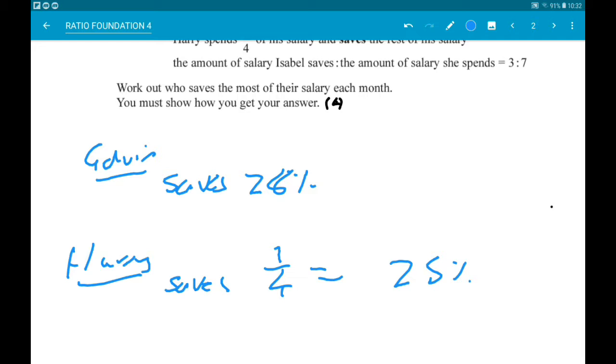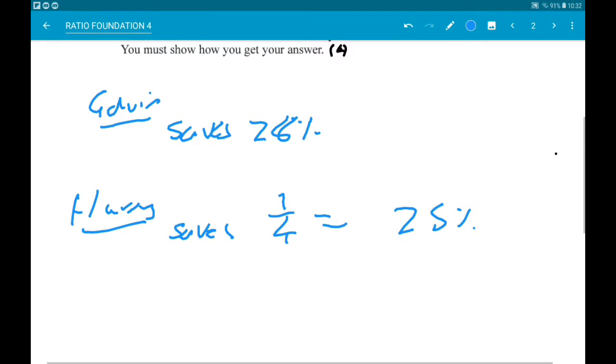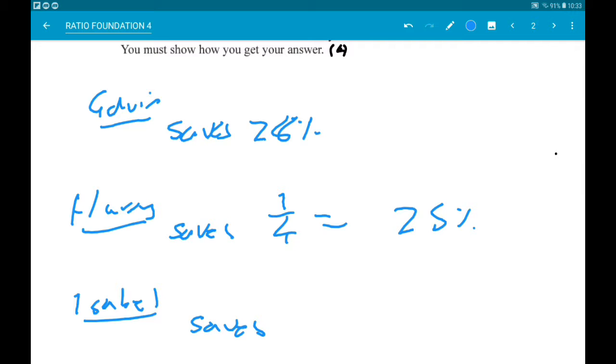Okay, then for Isabel, the amount of salary she saves to the amount she spends is 3 to 7. So, Isabel, okay, so altogether this ratio has 10 parts.